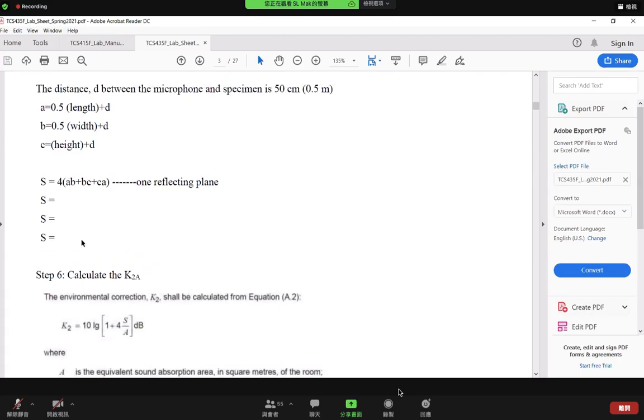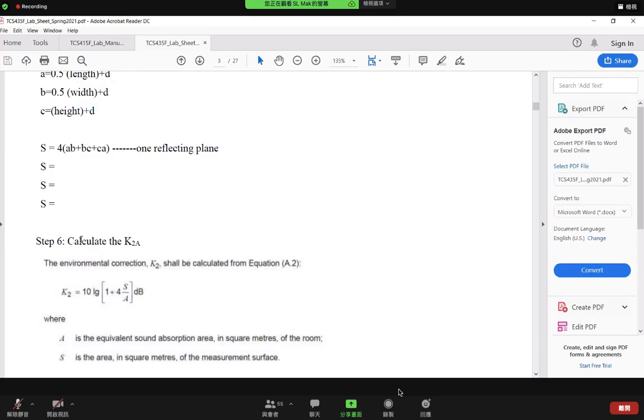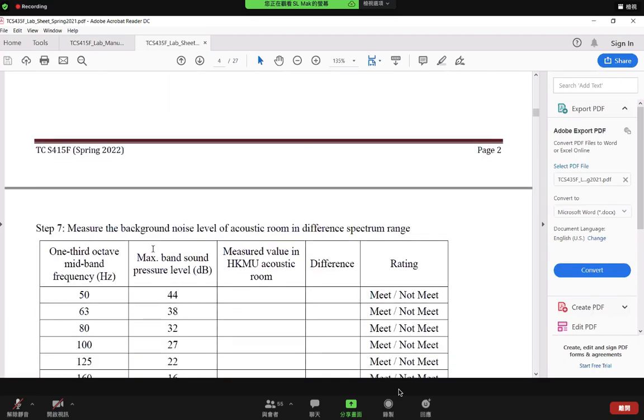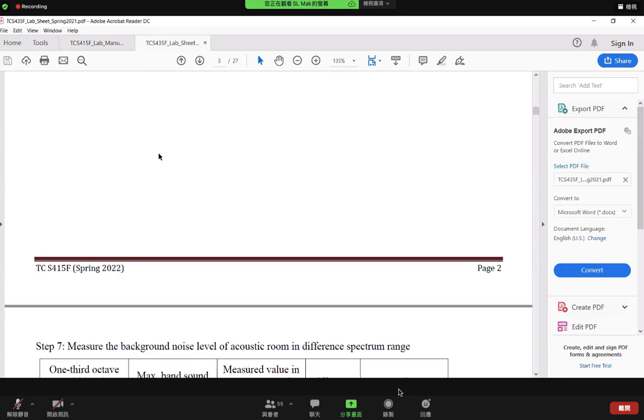After you get the value, you can use this equation to calculate the K2A. Okay? And then you can check whether our result meets or does not meet the ES71 requirement, engineering grade 2 requirement.